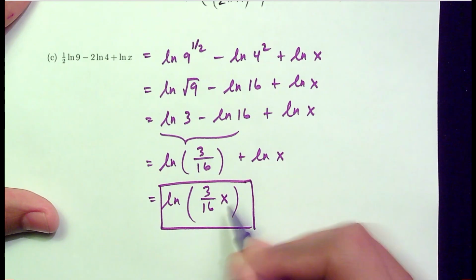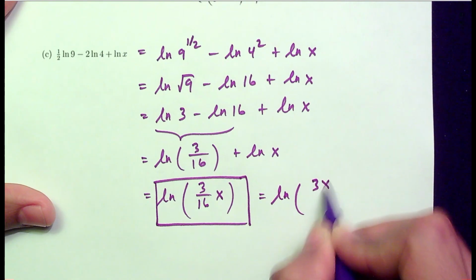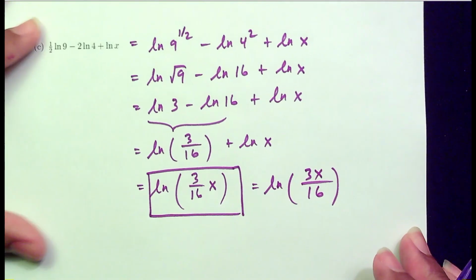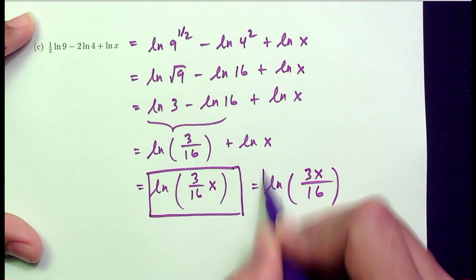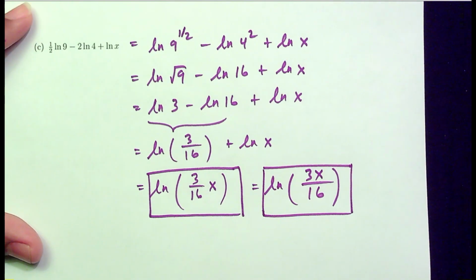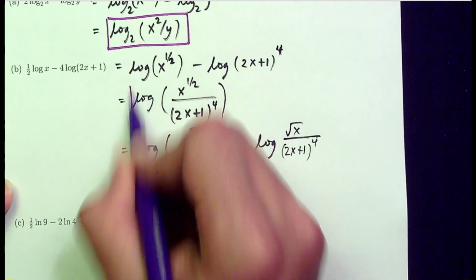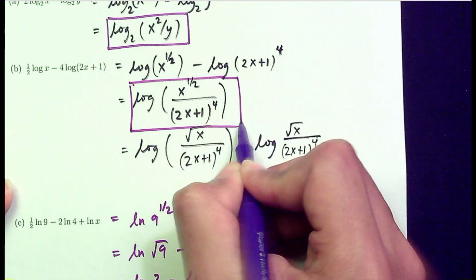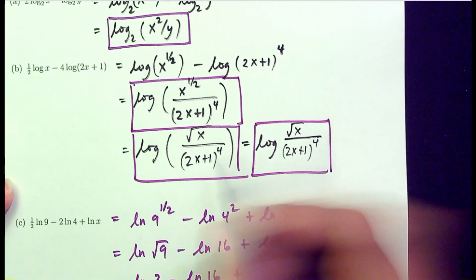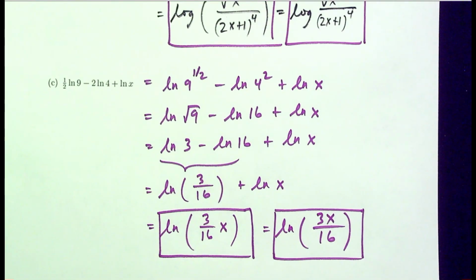Or remember that you could also write that like this: 3x over 16. That's another way of writing the same thing. Okay, and in this one we said that all of these are perfectly good ways of writing the final answer. Okay, and that's all for that.